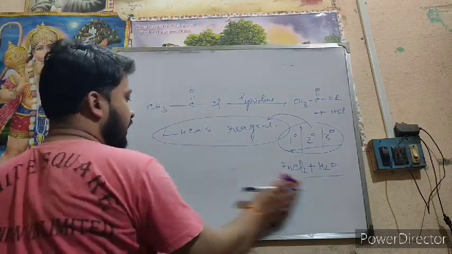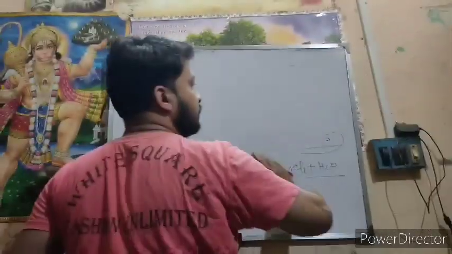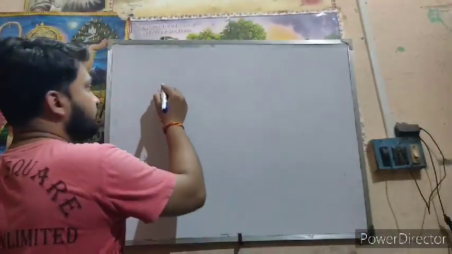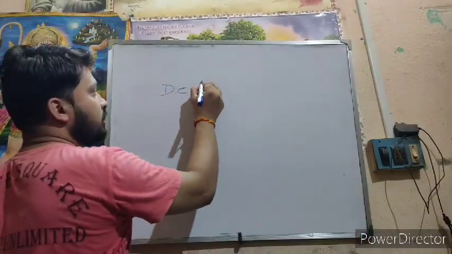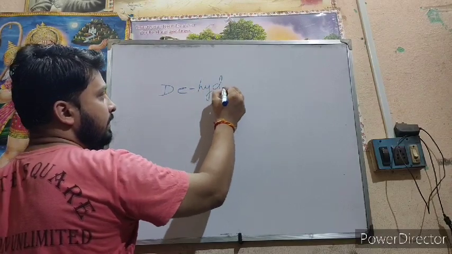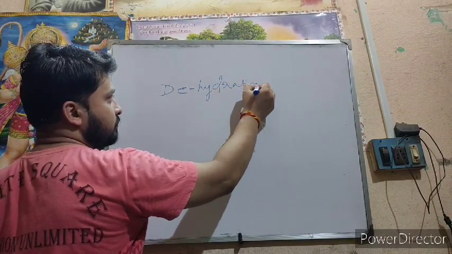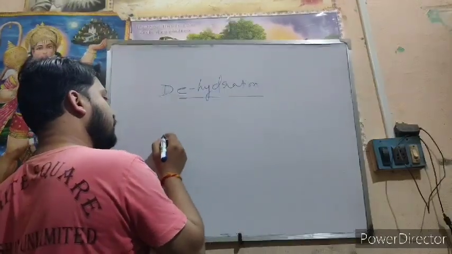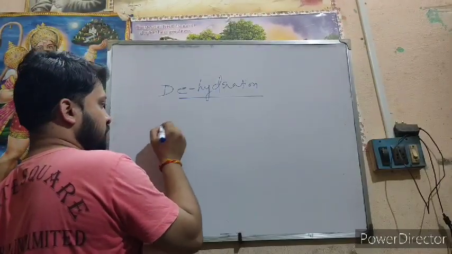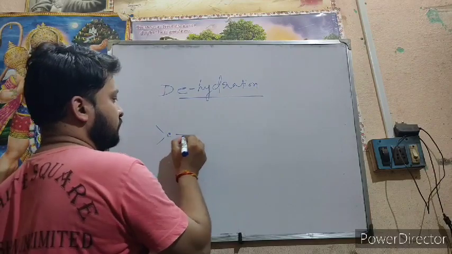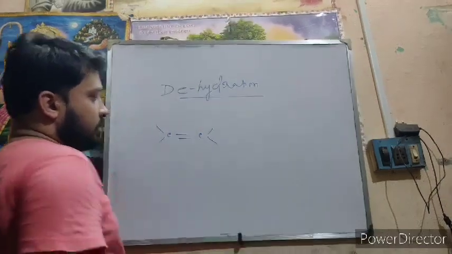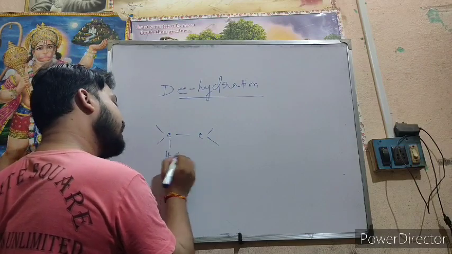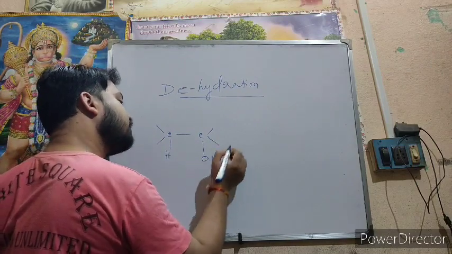Next is dehydration. Dehydration. D means remove. You take this, you remove H and OH.